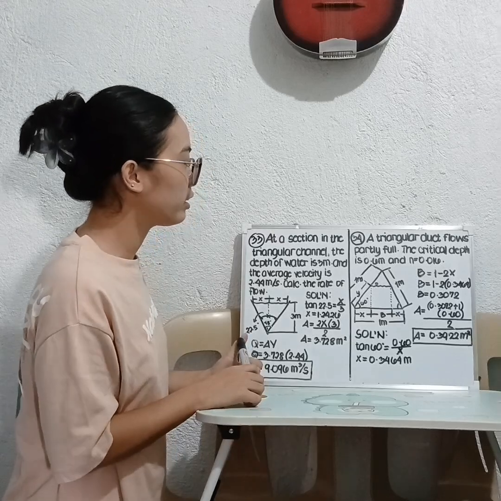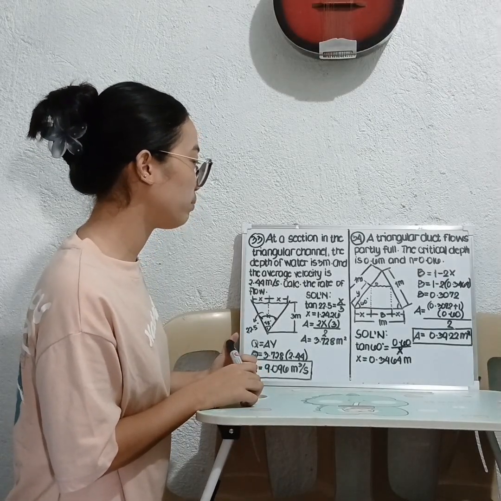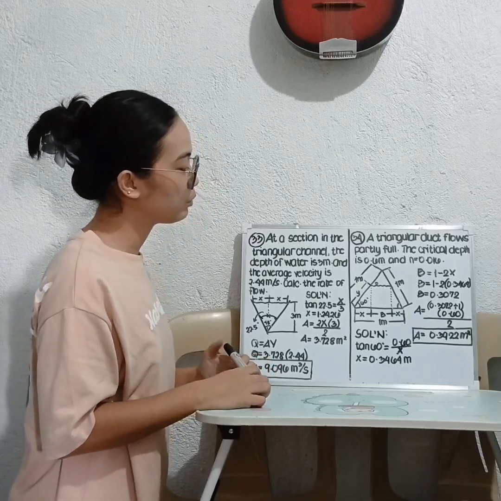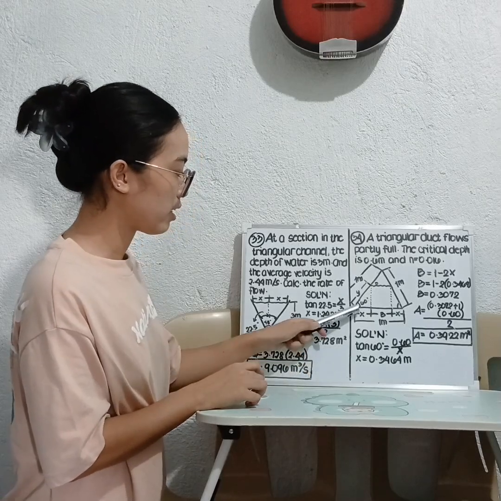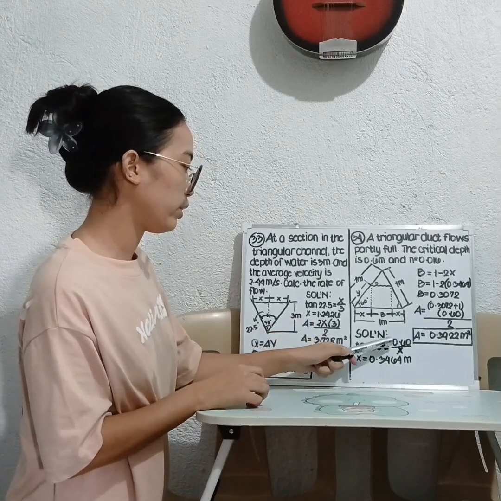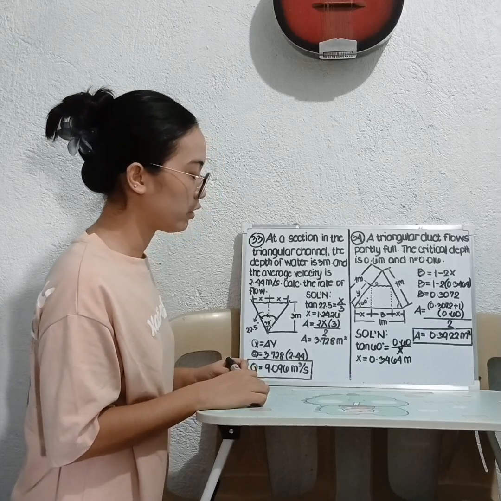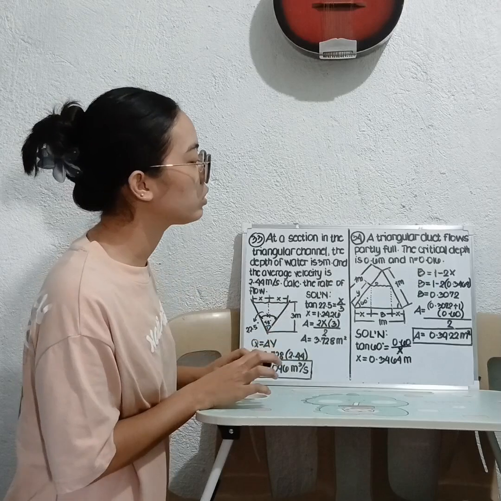Next is a triangular duct flows partly full. The critical depth is 0.6 meters and roughness coefficient of 0.016. So we have tangent 60 equal to 0.6 over x. So we have x equal to 0.3464 meters. Then b is equal to 1 minus 2x.